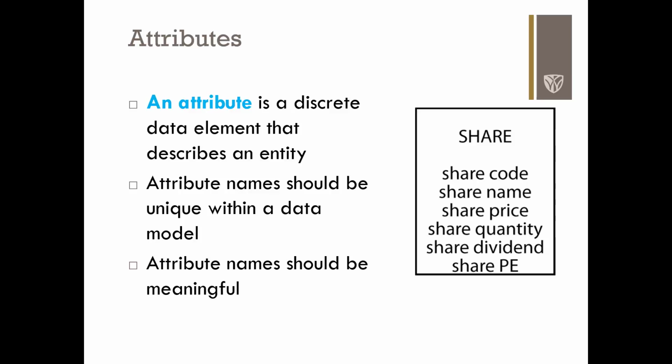So for example, we might have customer name and customer address in our customer table. We might also have a supplier name and a supplier address in our supplier table. Well, we want to make sure that we use customer name and customer address, or supplier name and supplier address, rather than just using address, because that way we won't have any confusion over which address we're talking about. Is it a customer address or a supplier address?